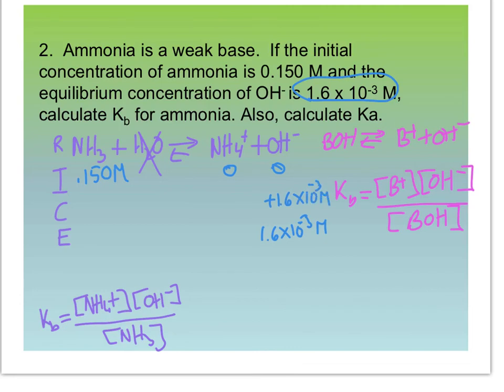Again, you can do this with this reaction or with this reaction. It does not really matter at all. If you find the change for one of them, you should be able to find the change for all of them based on the molar ratio, because for every one of these that gets used up, you form one of these and one of these. So if you formed 1.6 times 10 to the negative third of this, then you also form 1.6 times 10 to the negative third of this.